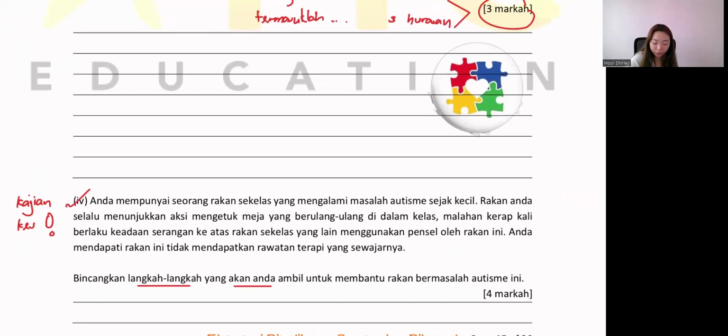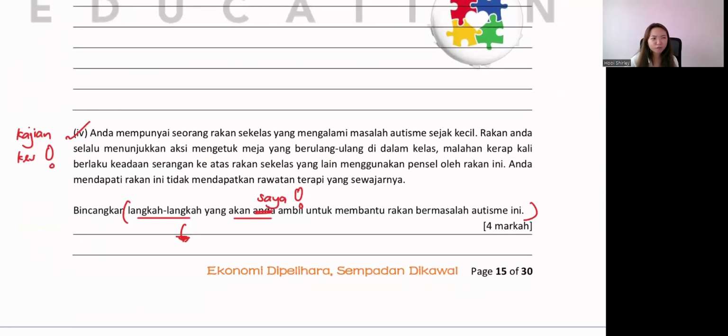Of course the "anda", you need to change to "saya": "langkah-langkah yang akan saya ambil untuk membantu rakan bermasalah autisme ini." Then for the 4 marks, the teacher would want 4 isi and 4 huraian, and that's so much. But in general, 2 isi, 2 huraian is accepted in SPM because it's a case scenario. So 2 isi, 2 huraian, settle for this one.